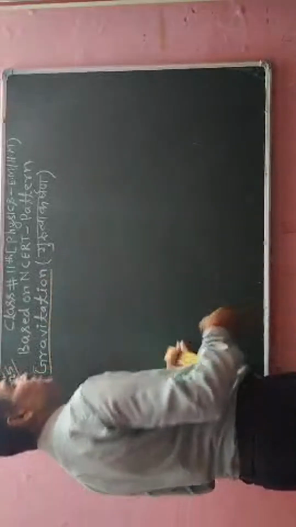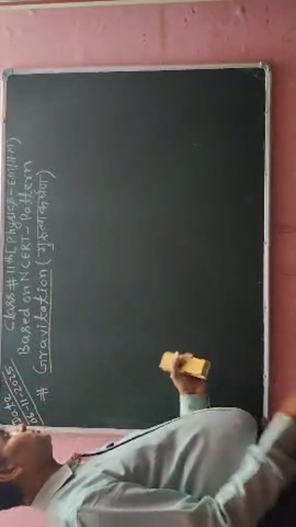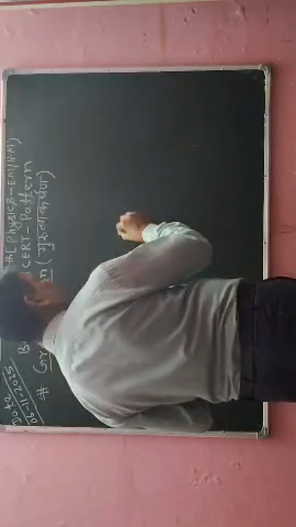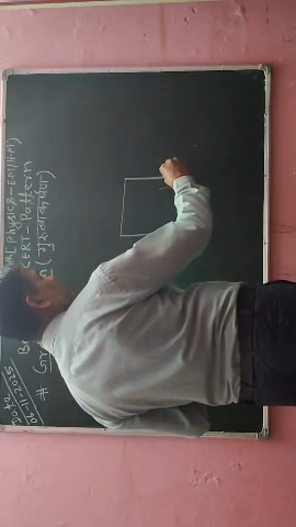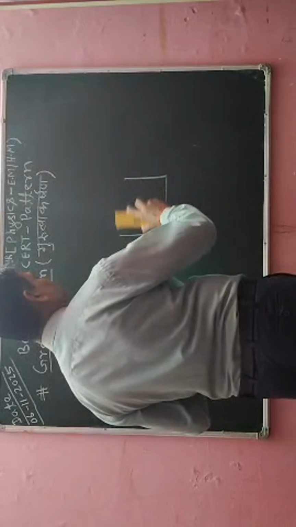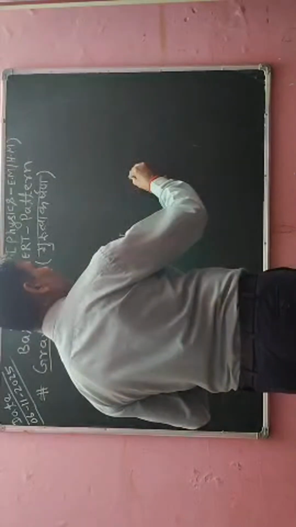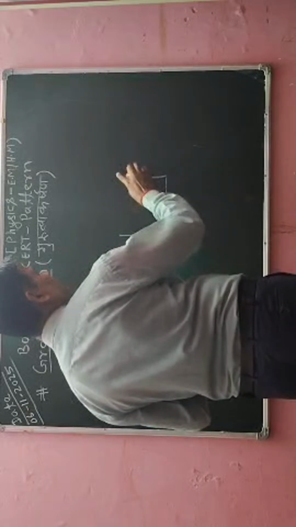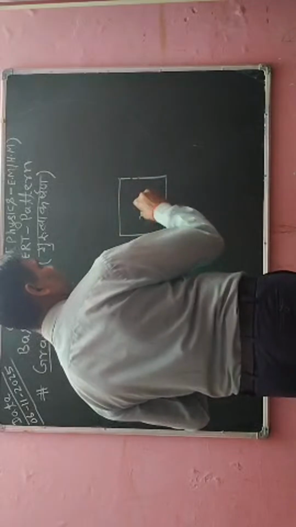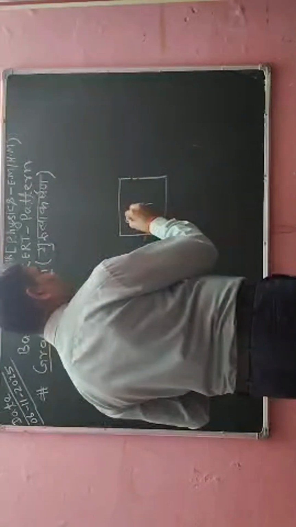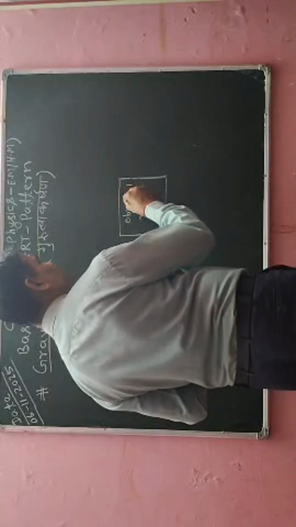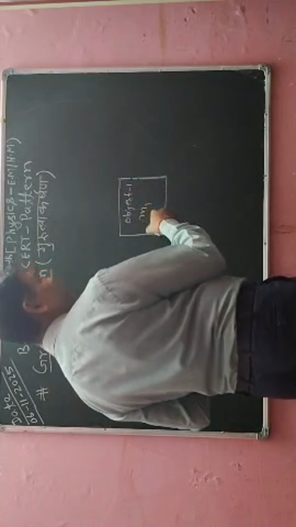So here I am going to give its geometrical meaning. Suppose that in the universe I have to take two objects. One object is available like this. Here I am taking an object which has mass m1. So this is object 1 and it has mass m1.